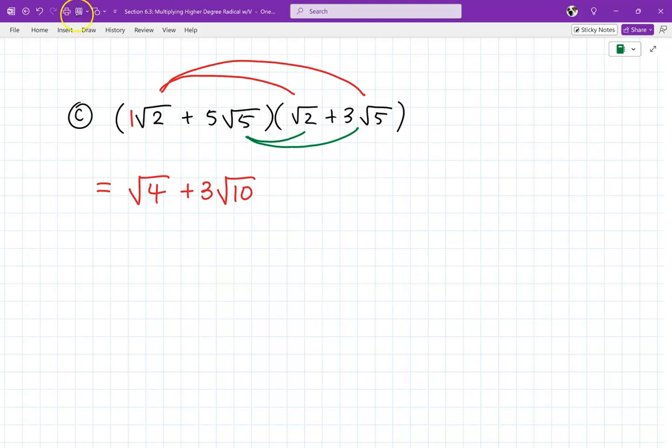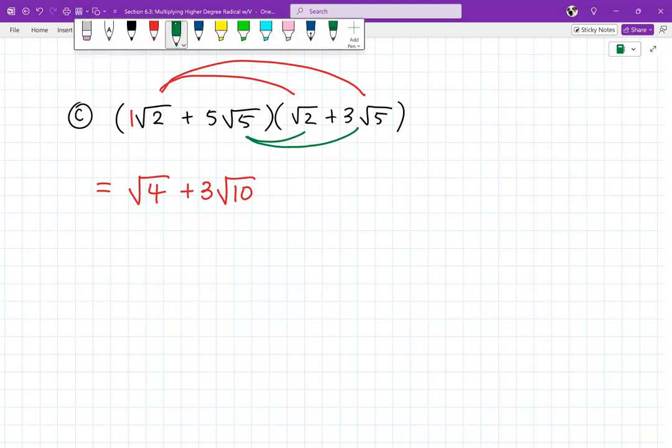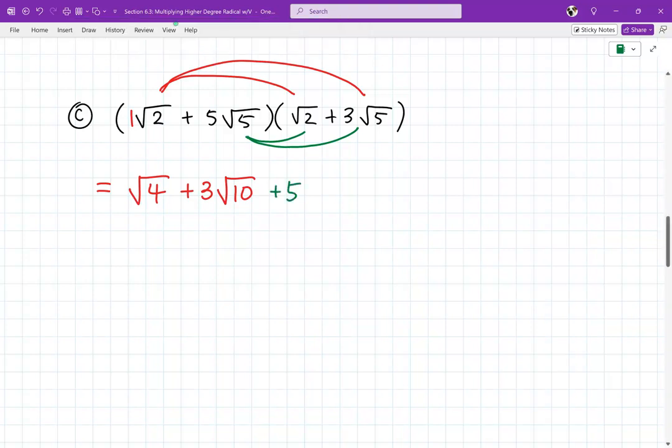Now, the green stuff. 5 radical 5 times radical 2 is 5 radical 10. And then the last one, 5 radical 5 times 3 radical 5, that's 15 radical 25.